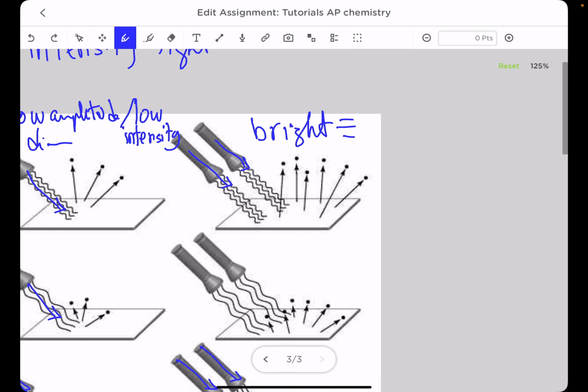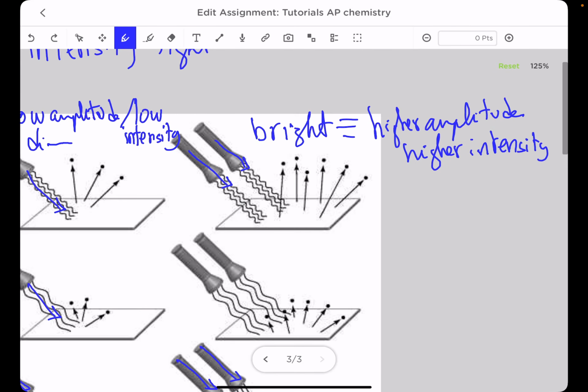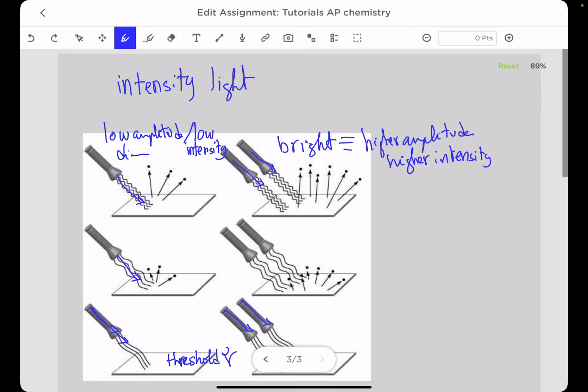Brighter light means a higher amplitude, and the higher amplitude means a higher light intensity. So, again, I still have electrons leaving the metal with the same kinetic energy, but here more electrons are ejected.